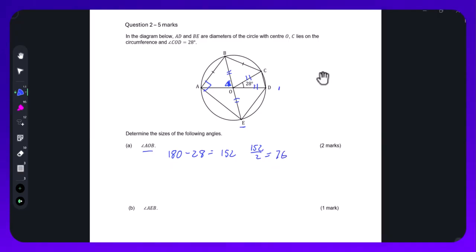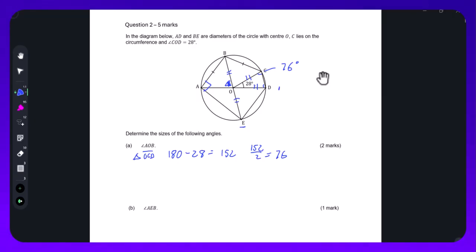And that's going to be for triangle OCD. So those two angles are going to be 76, 76. Okay, so that may be quite helpful. Well, it will be helpful in this regard.